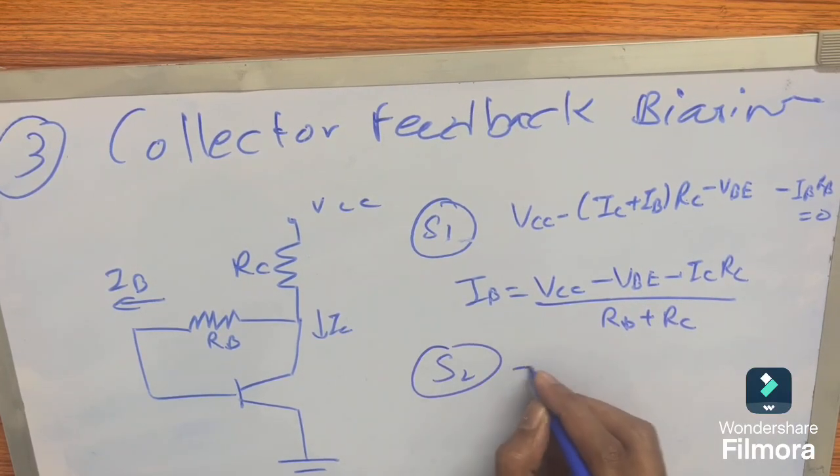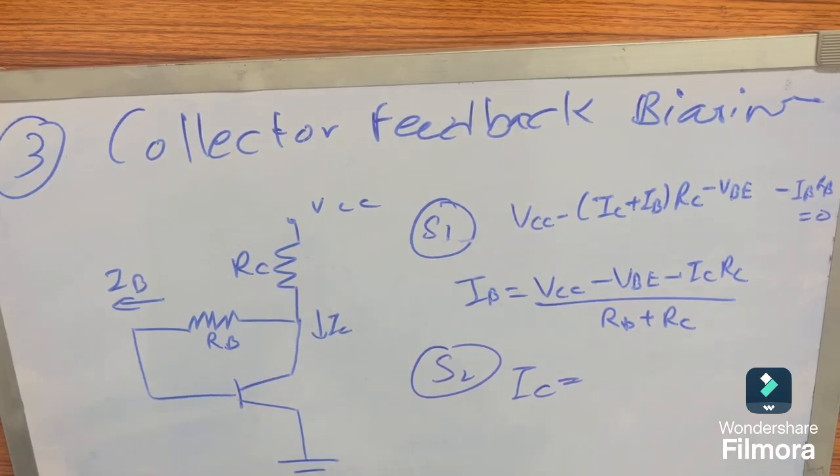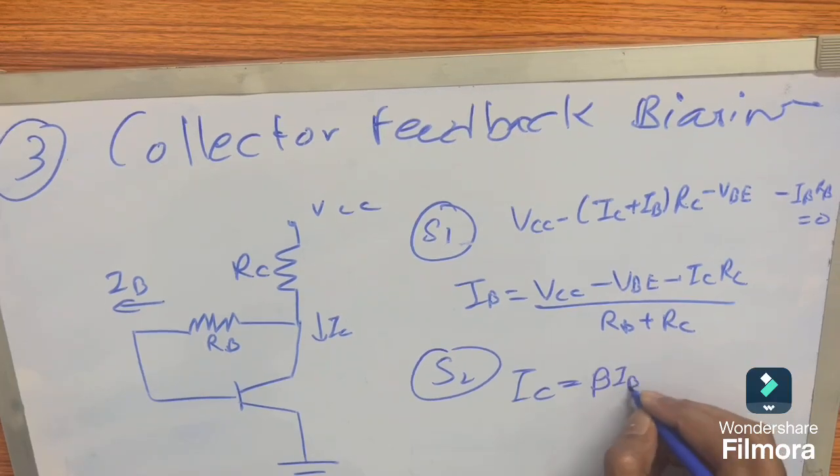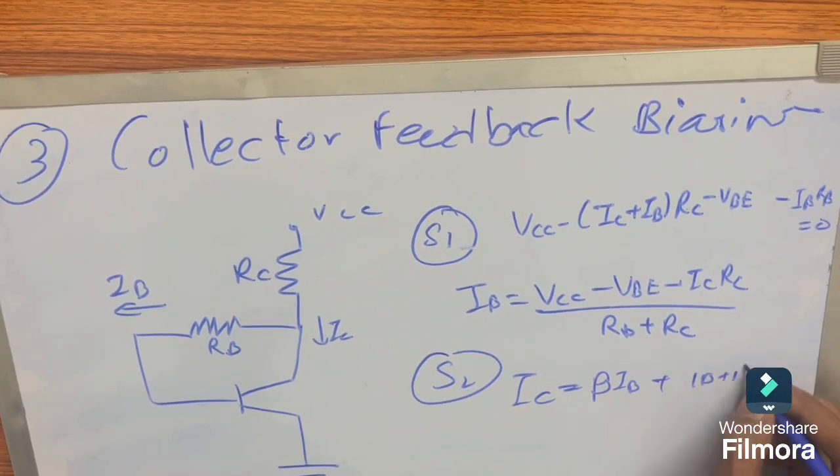Step 2, substituting the value of IB in the equation of IC, IC equals beta IB plus (beta plus 1) ICBO.